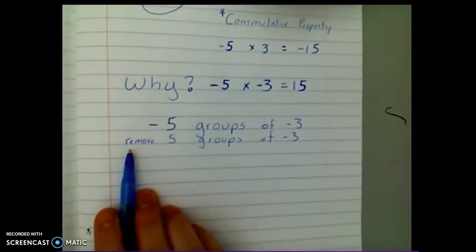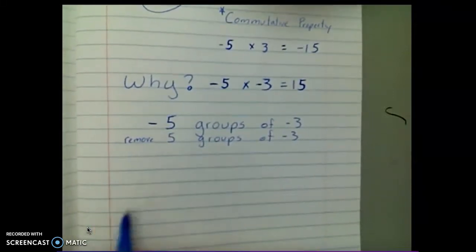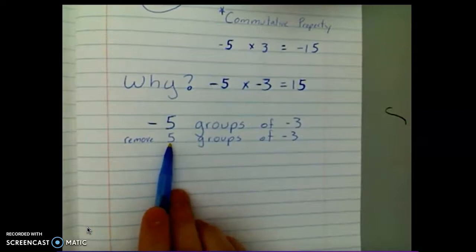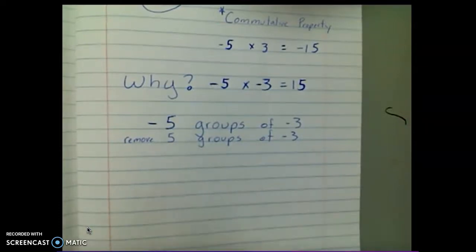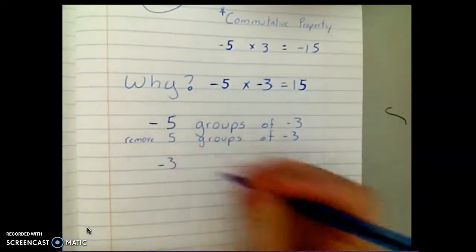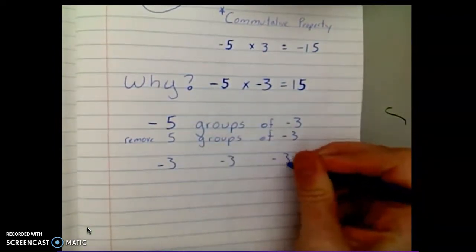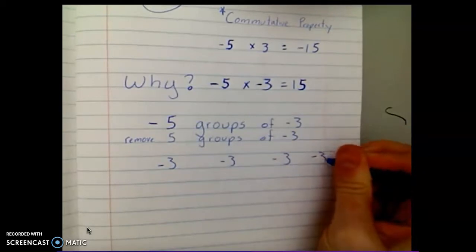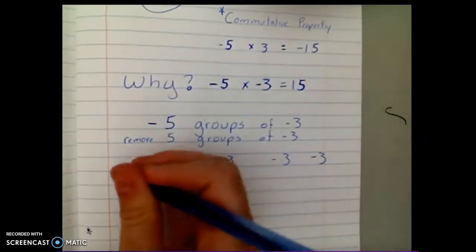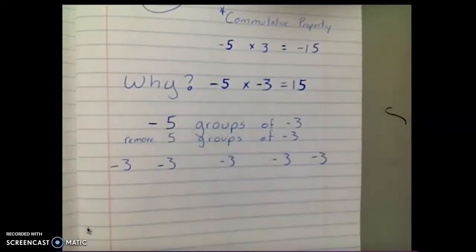Let's look at it mathematically. First, I'm going to start with 5 groups of -3. There's 1, there's 2, there's 3, there's 4, and there's 5. Okay, I've got 5 groups of -3.